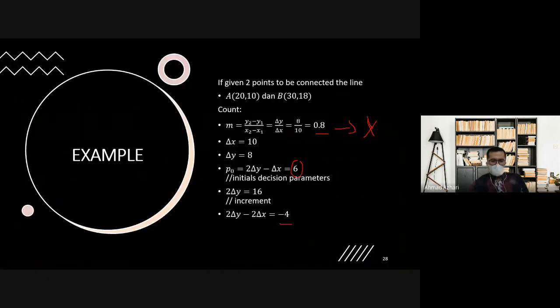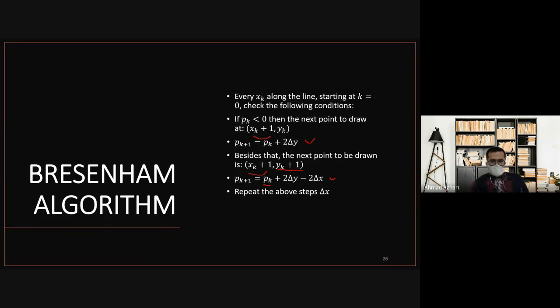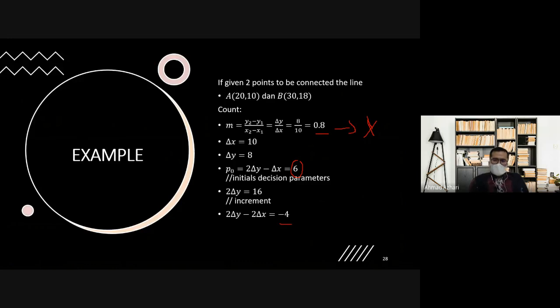So the new result: delta y is 30 minus 22, which is 8, so 2 delta y will be 16, and the difference in y is 18 minus 12, 6, so it will be 12.